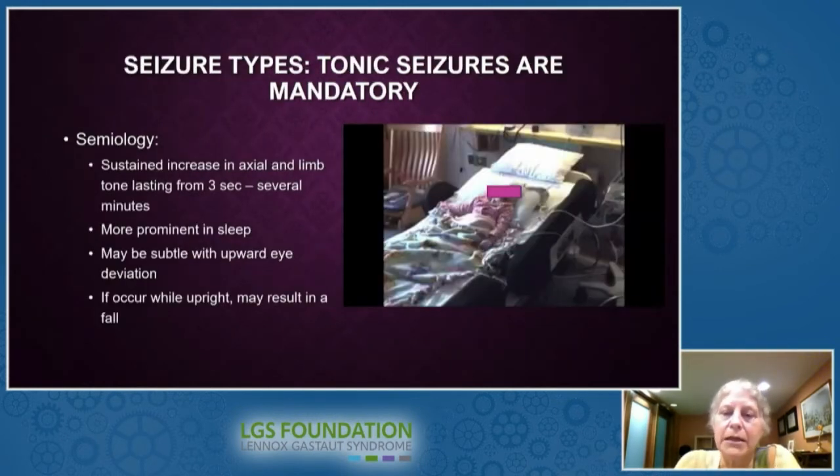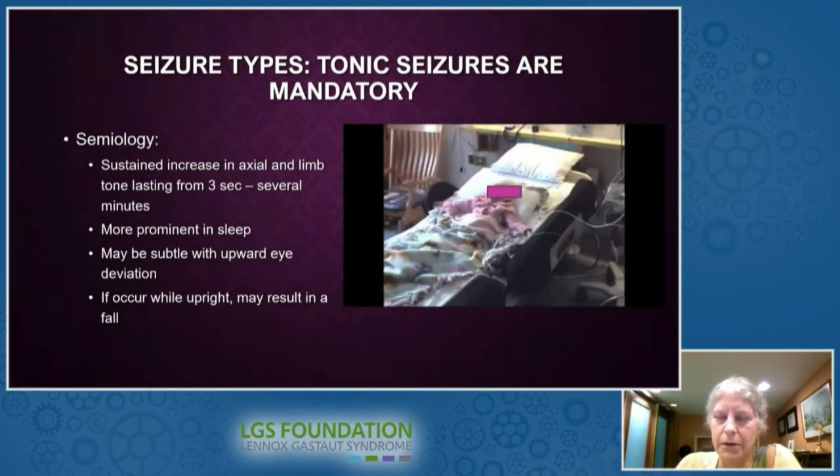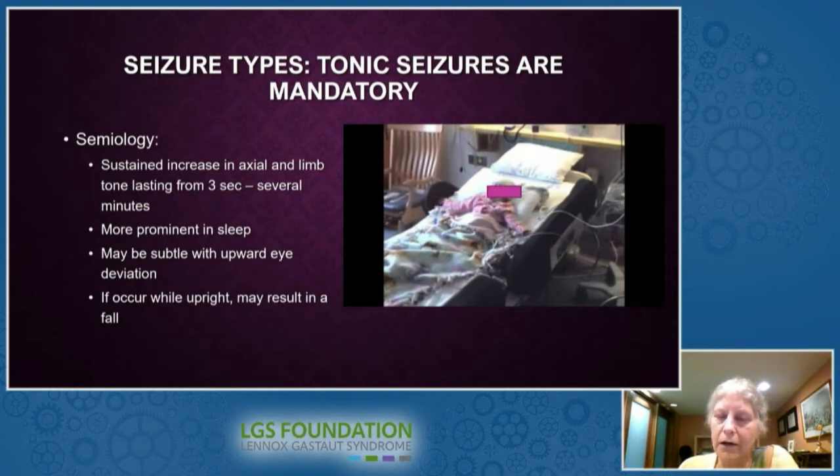So looking at the seizure types, I wanted to go through those. First of all, tonic seizures. These are really mandatory, and here's a good example of a child with Lennox-Gastaut and tonic seizures. You can see here the sustained increase in axial and limb tone. These generally last at least 3 seconds up to several minutes, and they're distinguished from infantile spasms because they typically last longer and have less tendency to cluster.